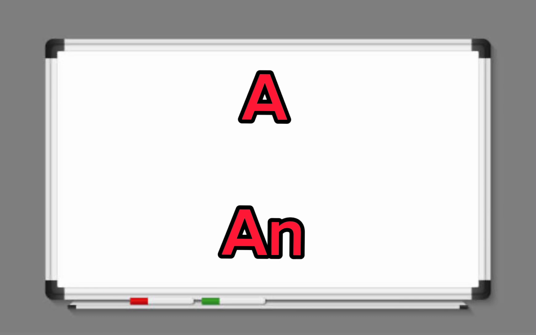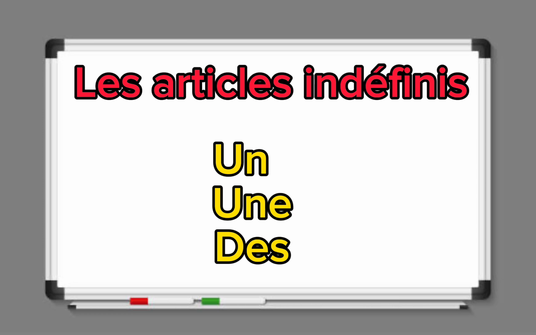Let's see them. As you can see on the screen, there are three indefinite articles in French language. Those are un, une, des. There is a special thing with indefinite articles in French language. It means indefinite articles in French language change according to the gender of the noun.